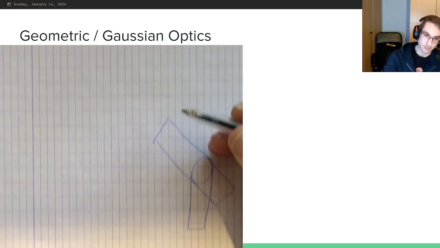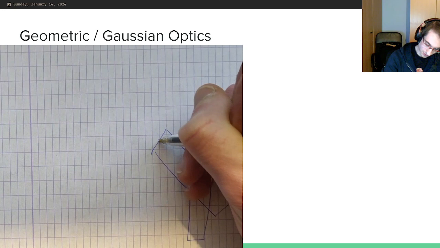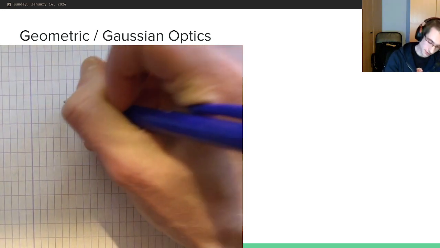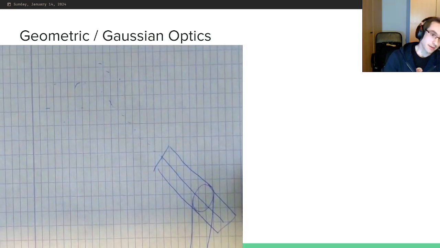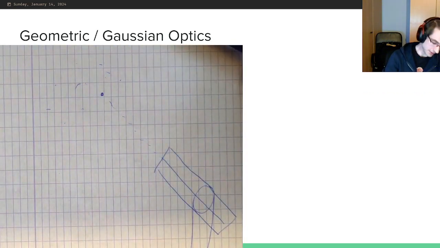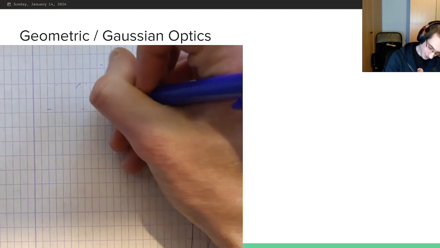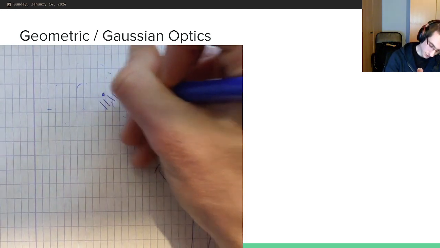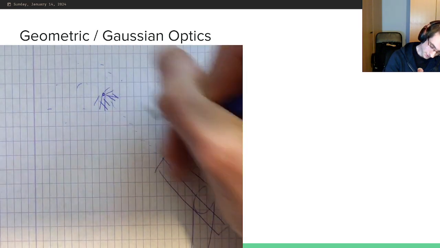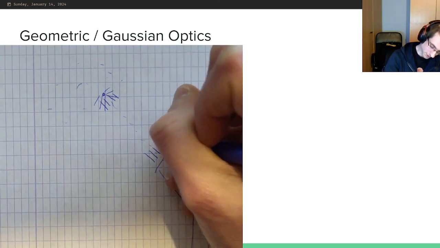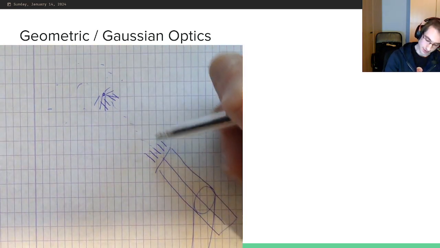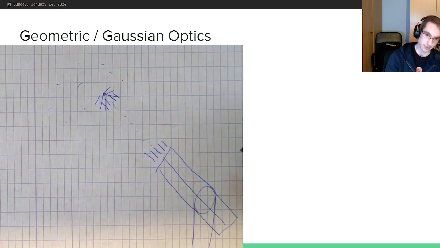All right, and this is pointing at the sky along the optical axis right here. And there are stars in the sky, like this. And so this star right here is going to emit light in all directions. And by the time this light enters the telescope, it's all parallel to each other. And because the telescope is pointing right at the star, this light is parallel to the optical axis.